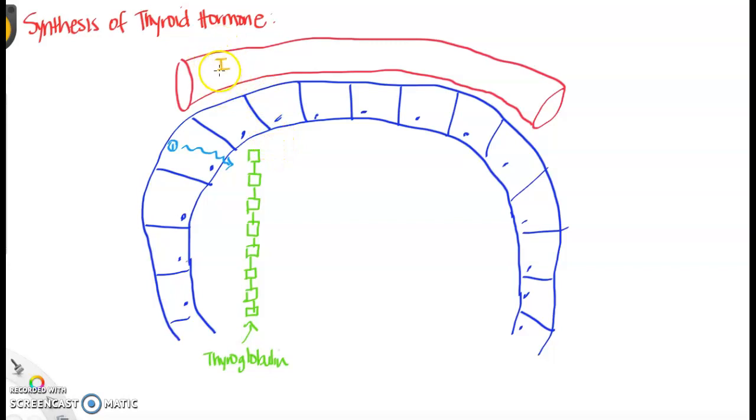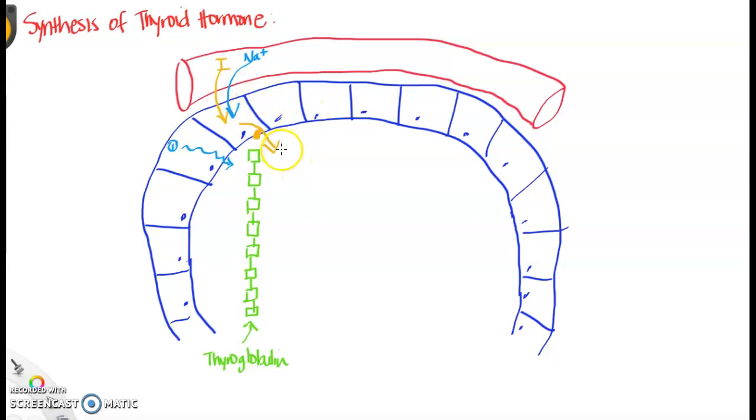So iodine comes in to the follicle cell, and it utilizes, and we're going to see this a lot, it utilizes sodium to do this. So it's a co-transport type thing. So it brings iodine into the follicle cell, and then the iodine is shuttled out into the follicle with a transporter. So put a little transporter here.